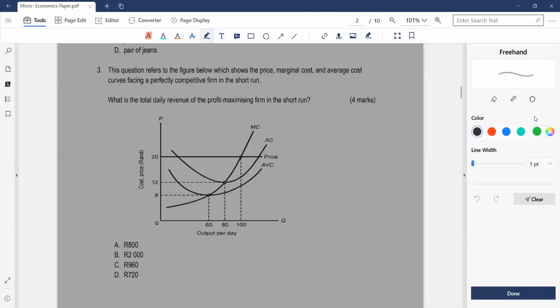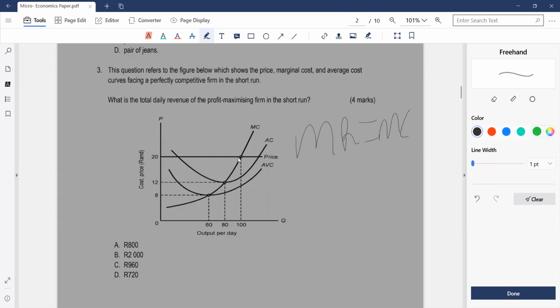So what you need to know here is the profit maximizing condition that I said is always MR equals MC. This is a golden rule. If you want to maximize your profit, your marginal revenue should always be equal to MC. So on this one, you have to check where your MR is.